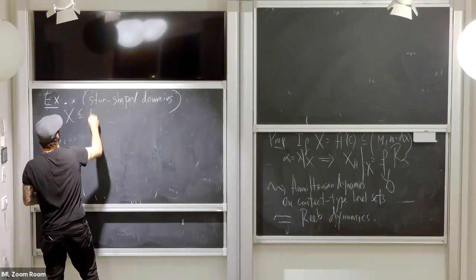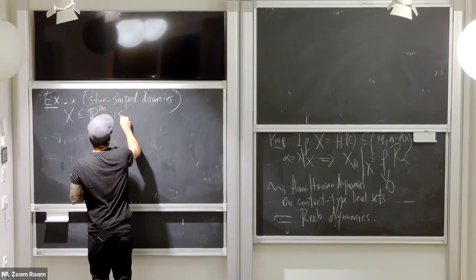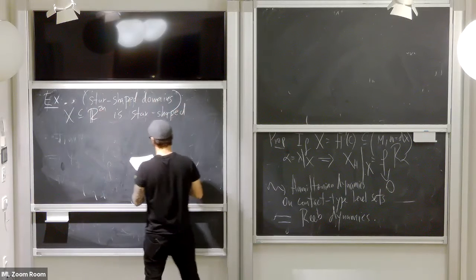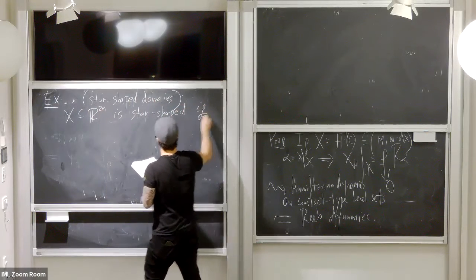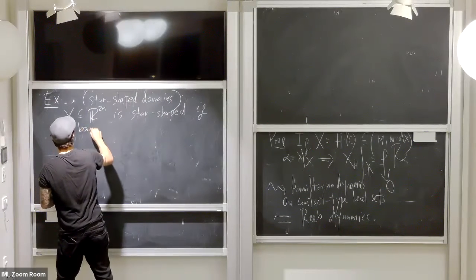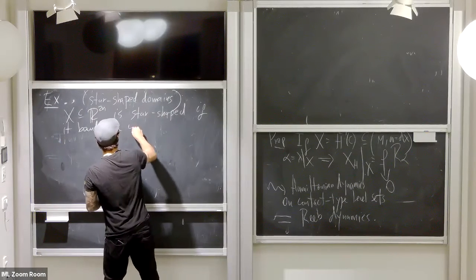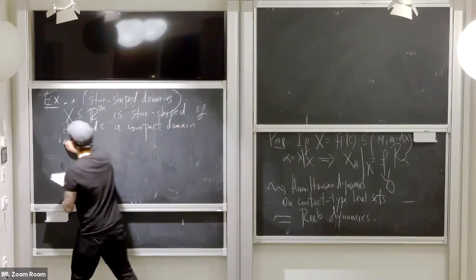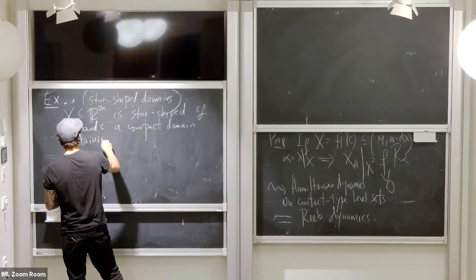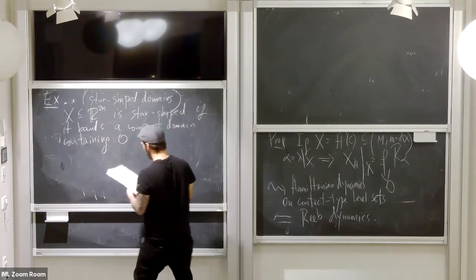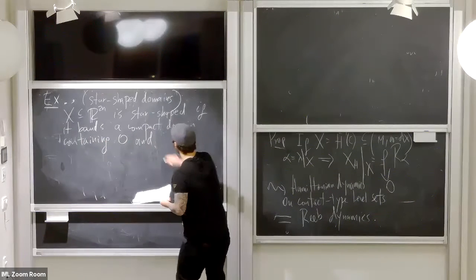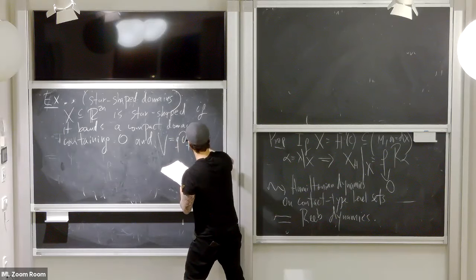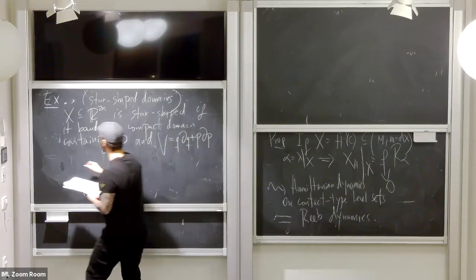So X inside R^2n is said to be star-shaped if it bounds a compact domain containing the origin, containing 0, and the standard Liouville vector field, which is V = q partial q plus p partial p, is transverse to X.